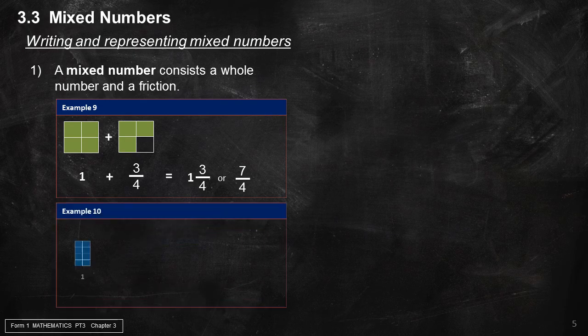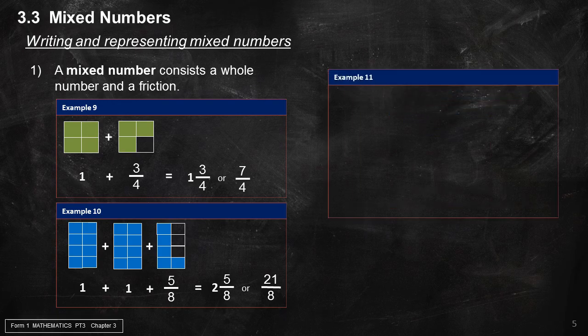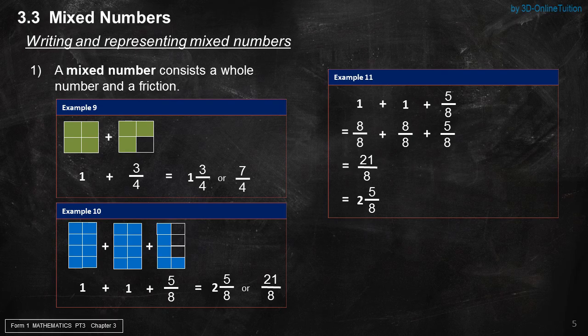Example 10. 1 plus 1 plus 5/8 equals 2 5/8, or 21/8. Example 11. 1 plus 1 plus 5/8 equals. Expand 1 into 8/8 for a similar denominator, to enable addition. The sum result is 21/8, or 2 5/8.